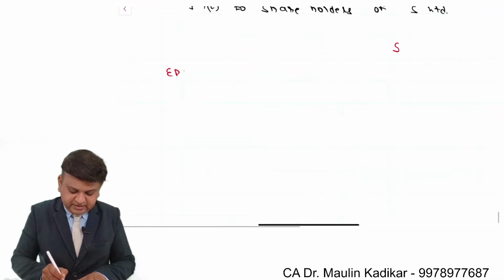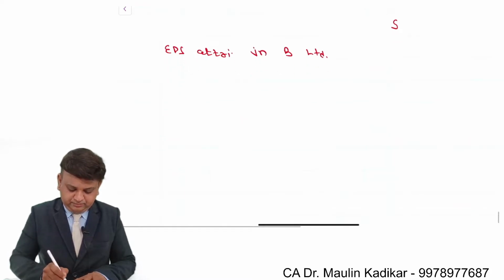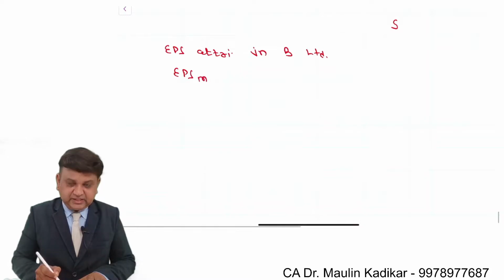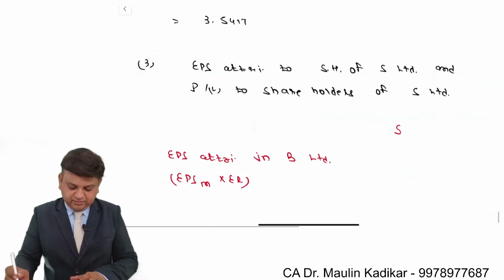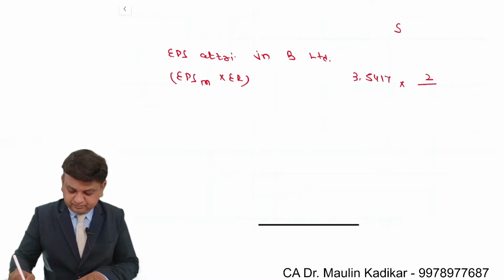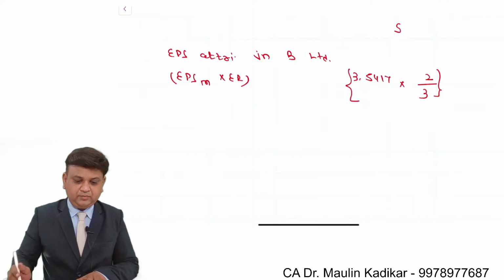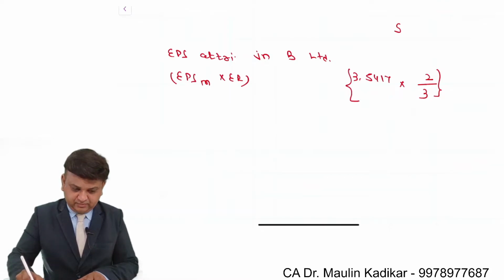We understand that the EPS attributable in the merged firm, that is in B Ltd, is the EPS of the merged firm into the exchange ratio. So 3.5417 into 2 divided by 3 is 2.3611.